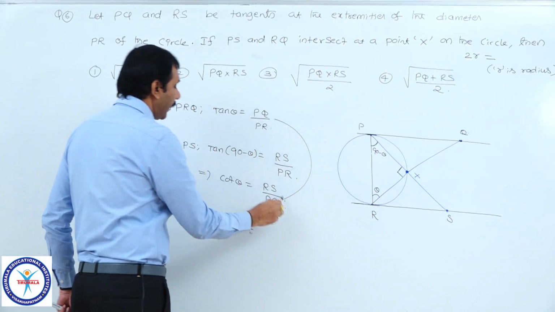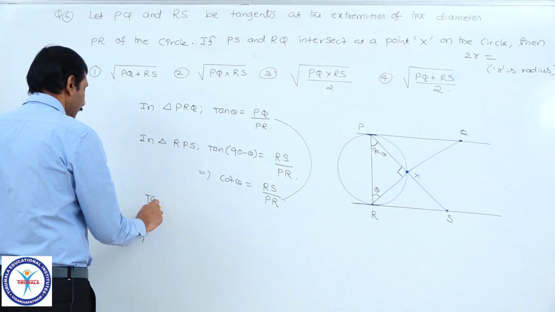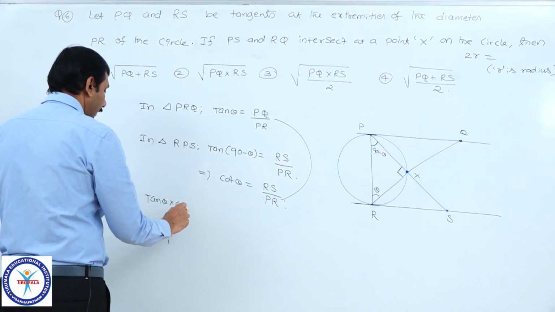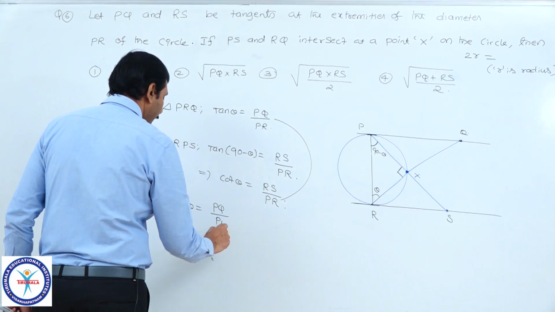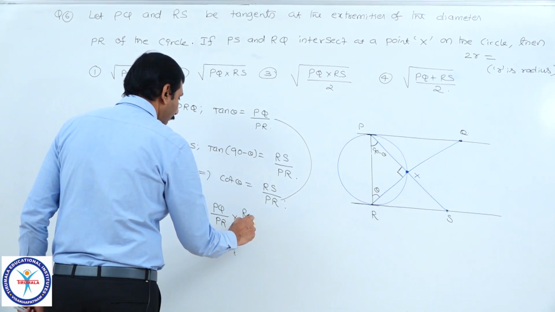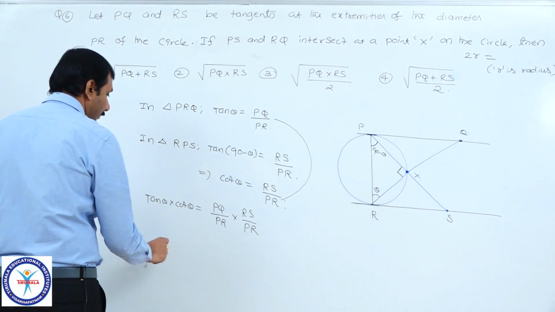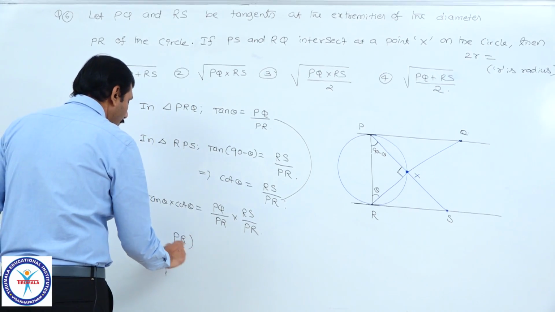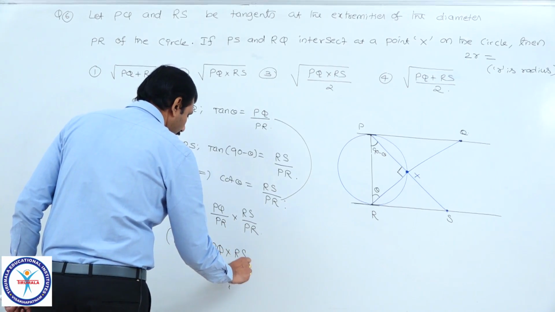If I multiply these two, tan theta into cot theta is equal to 1. Tan theta into cot theta is equal to PQ by PR into RS by PR. It is 1. Cross multiplication: PR whole square is equal to PQ into RS.